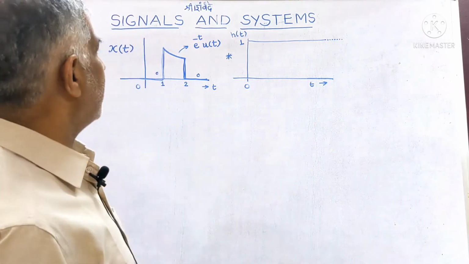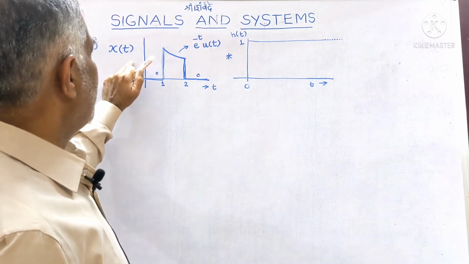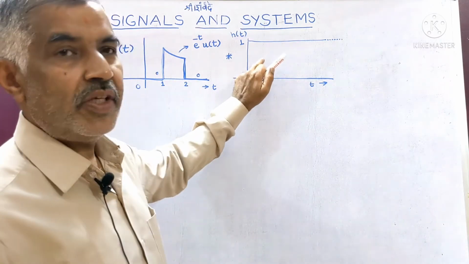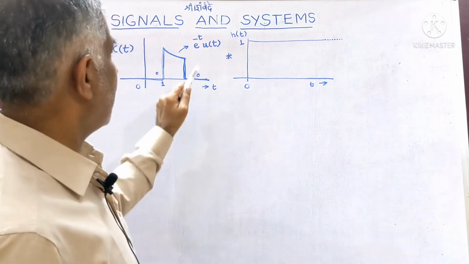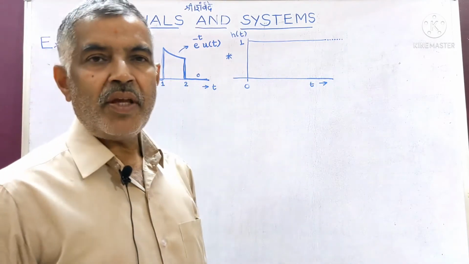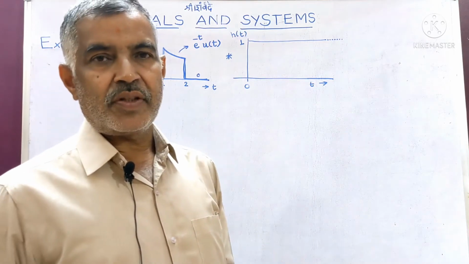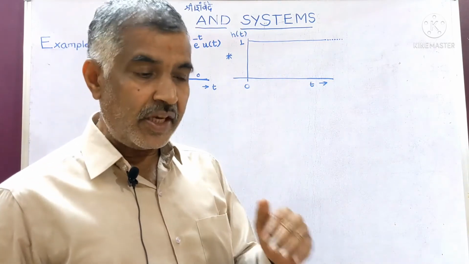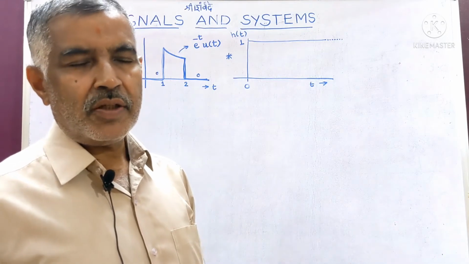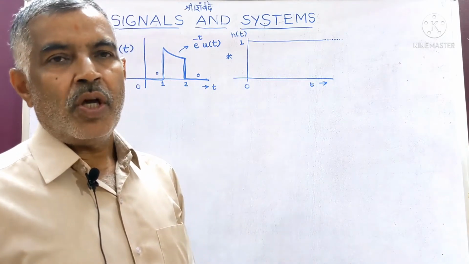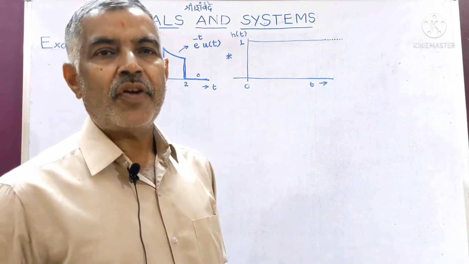So first I will take this waveform to be the stationary waveform and this to be the moving waveform. If you want to write a mathematical equation for this, refer to my earlier lectures, in lecture class number 2 or 3, where I took up the gate function.